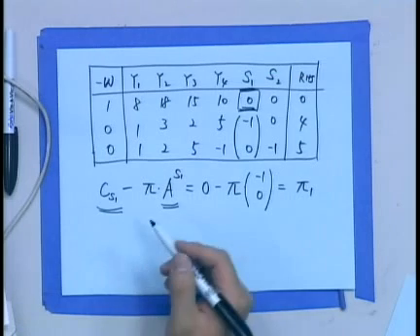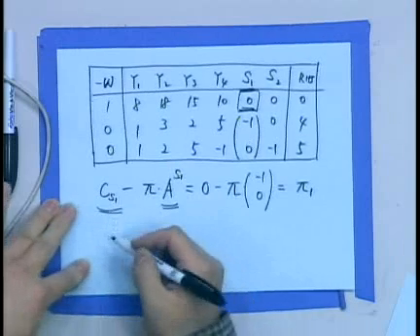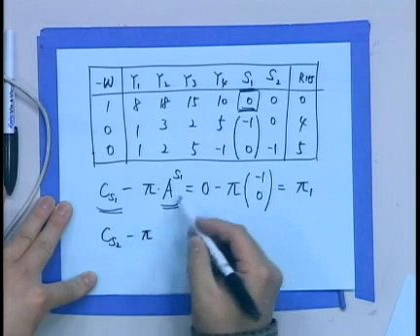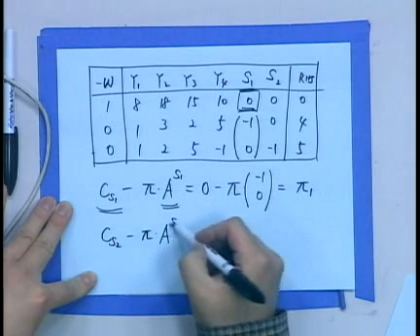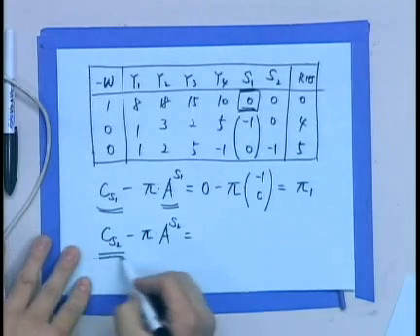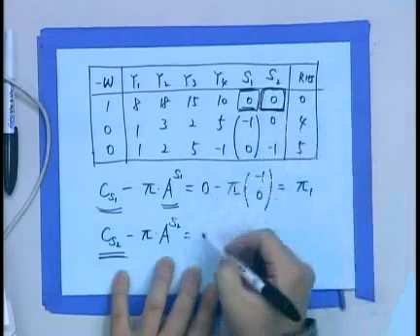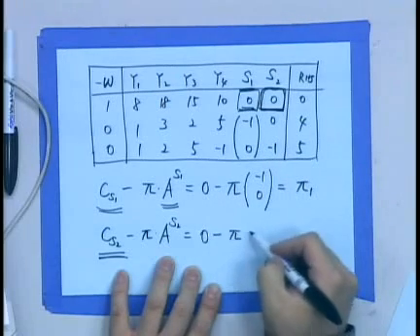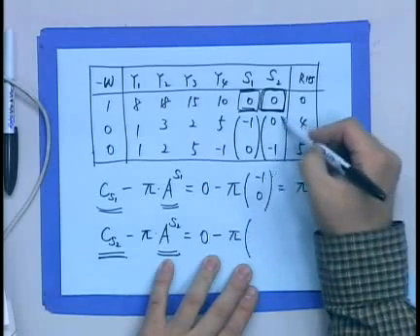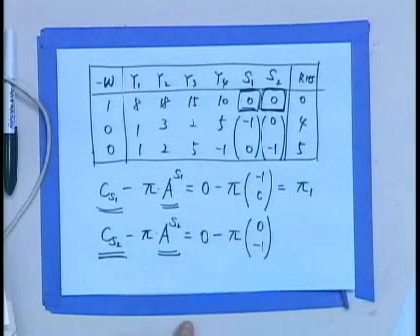Likewise, the reduced cost of the surplus variable for the second constraint is C sub S2 minus pi times A superscript S2. What is C sub S2? That is again 0, right? Minus pi times A superscript S2, the constraint coefficient for the S2 variable, which is 0, negative 1, right?